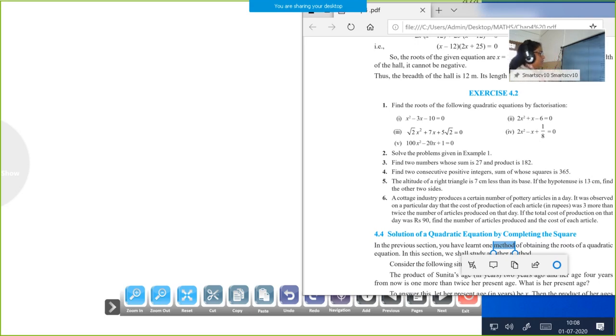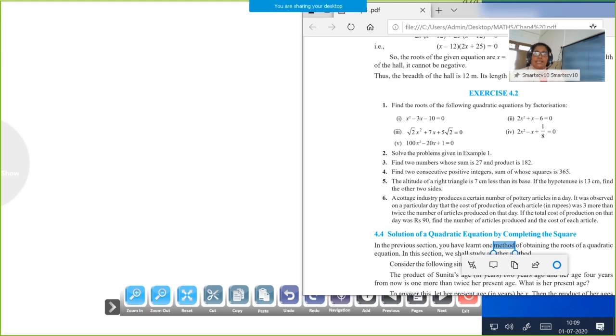Next question, the fourth question. Find two consecutive positive integers, the sum of whose squares is 365. Consecutive positive integers means we take one number as x, the other number as x plus 1.